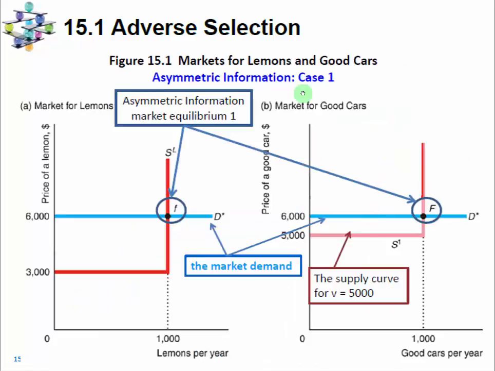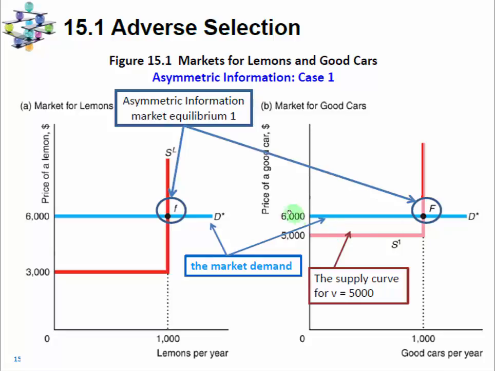Next, let's think about asymmetric information. That means the sellers know whether their used car is a lemon or a good used car, but the buyers no longer know that information. This is quite realistic because the sellers know how well they maintain the car and their own driving habits, whether that will damage the longevity of the car or not.